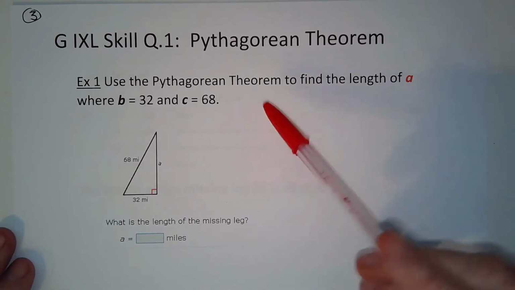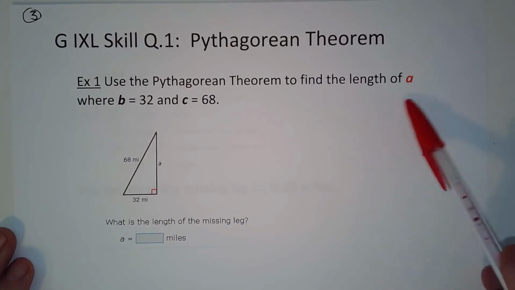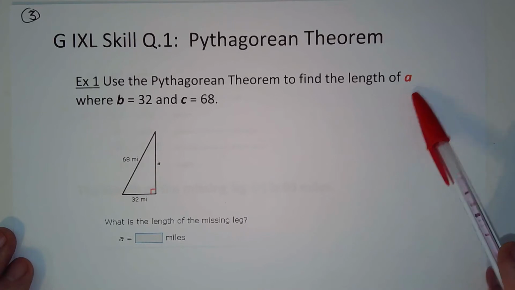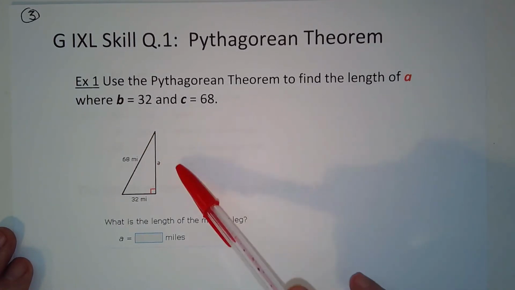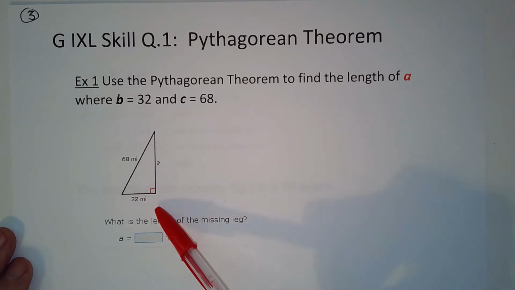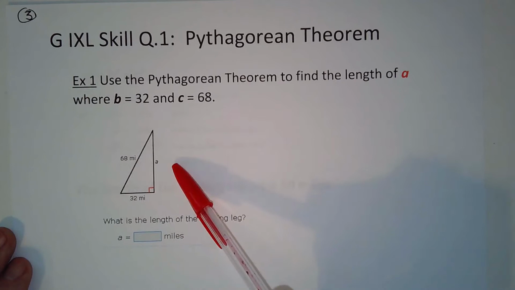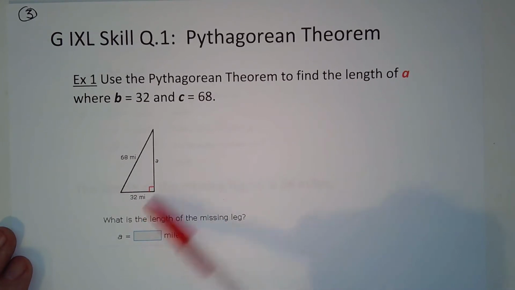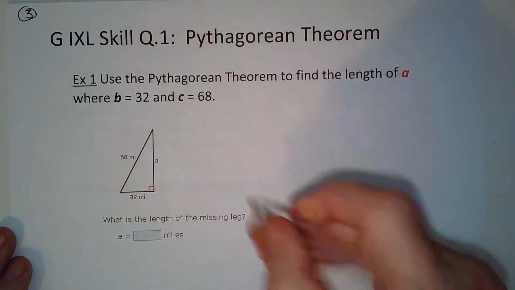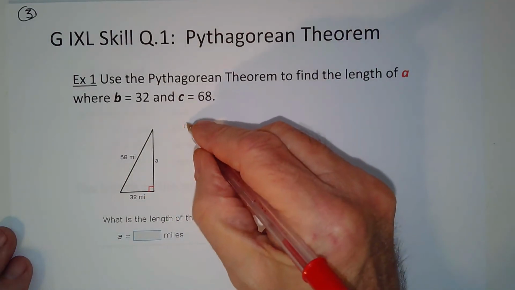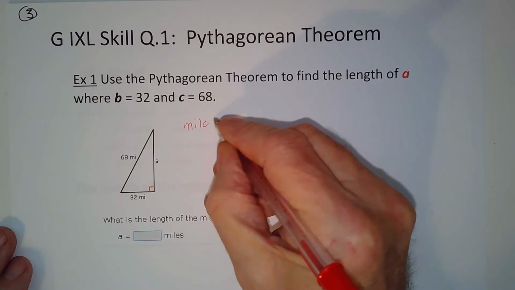You're going to use the Pythagorean theorem to find the length of A, where B equals 32 and C equals 68. And in this case, if you look at the drawing, you'll see that one side doesn't have a letter on it, but A does, so this must be B. Those are the two sides. It's 32 miles, so we're dealing in miles here. So you might want to make a note of that, miles.